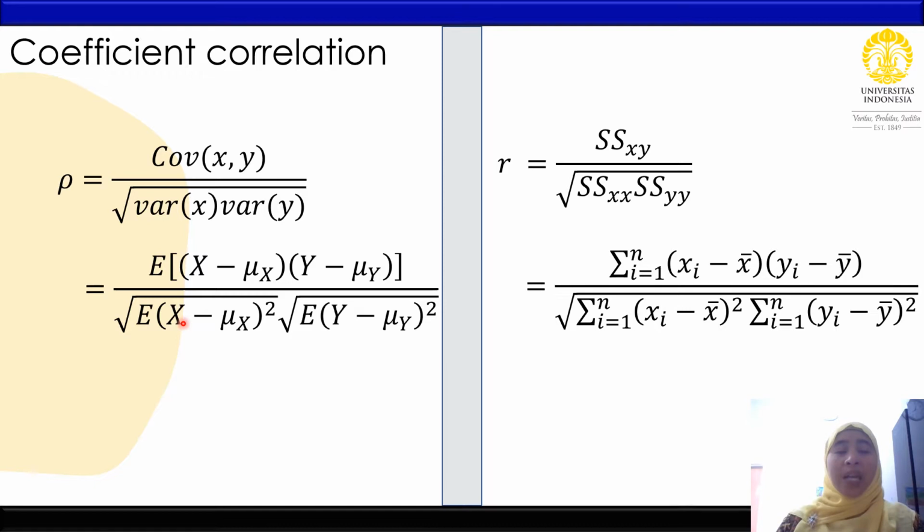And on the denominator, instead of the standard deviation, here we have the square root of the sum of squared differences between x bar and each data point, and y bar and each data point. They are different, but they look similar. Actually, they measure the same thing. But what is the difference?